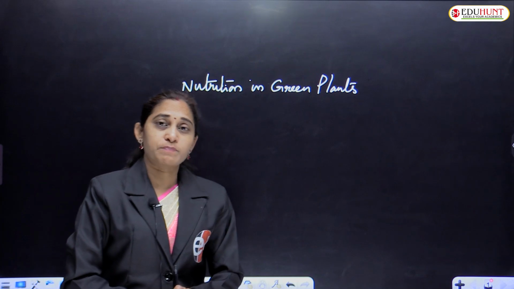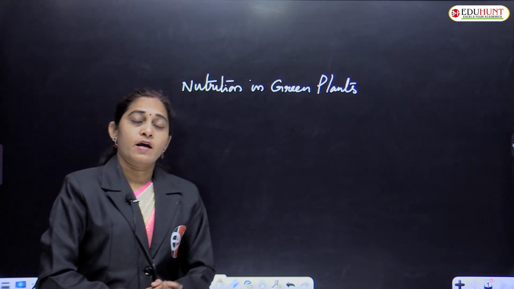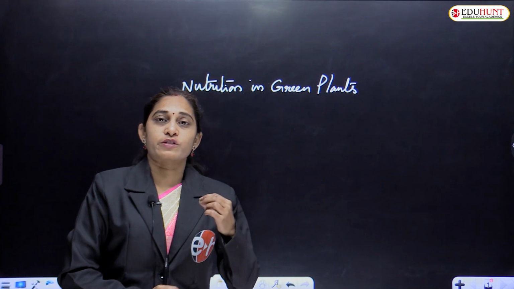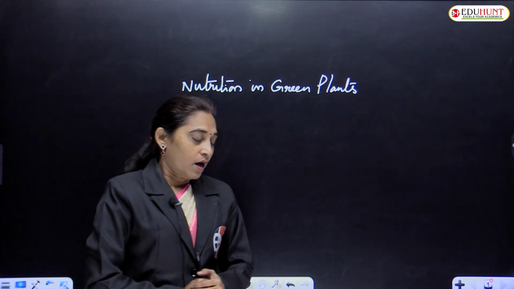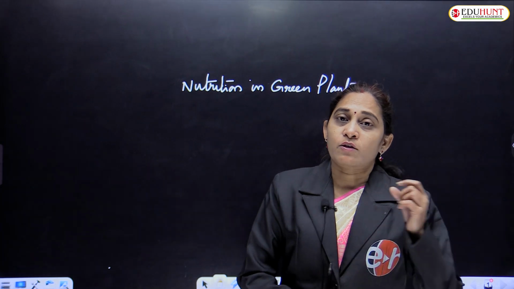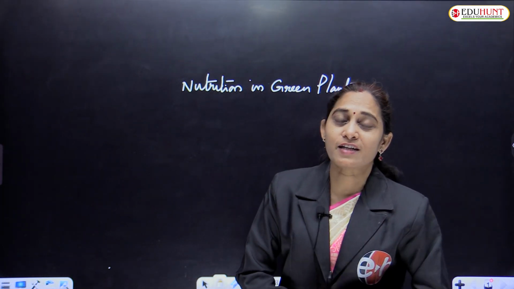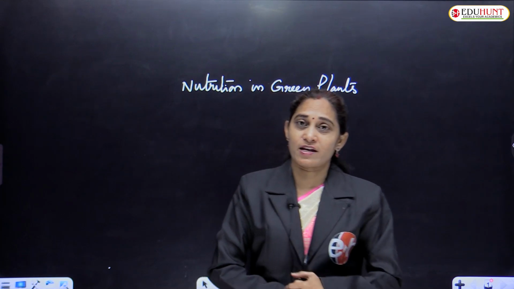Chlorophyll, which develops in the autotrophic plants, is the site of photosynthesis. As we know, chloroplast is a cell organelle which is considered the kitchen of the cell.